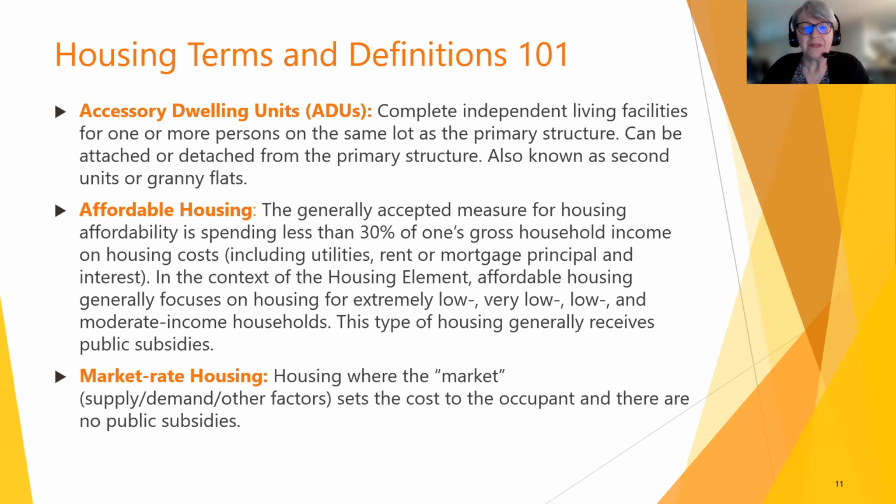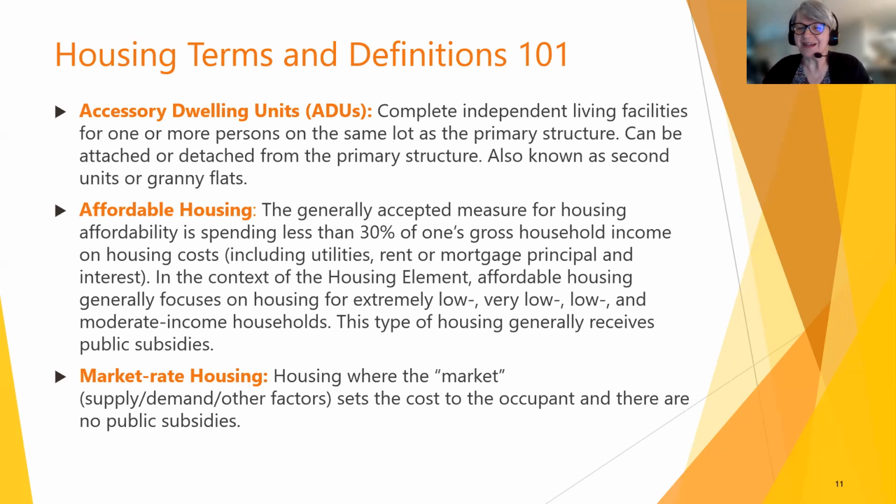Affordable housing. Affordable housing actually means a couple of different things. The generally accepted measure for housing affordability is for a household to spend less than 30% of its gross household income on housing costs. So this includes utilities, rent, or mortgage, principal, and interest.